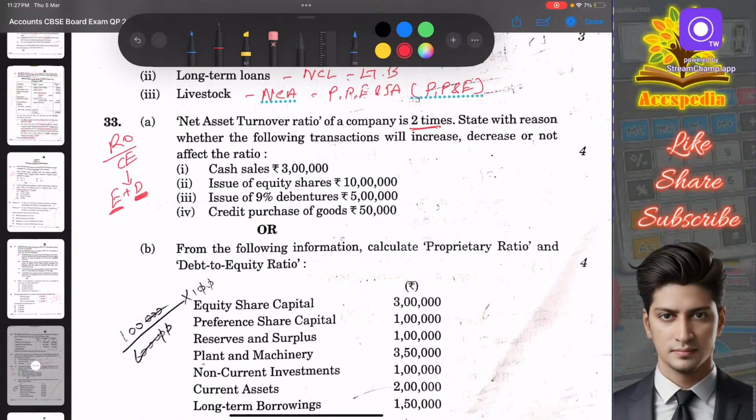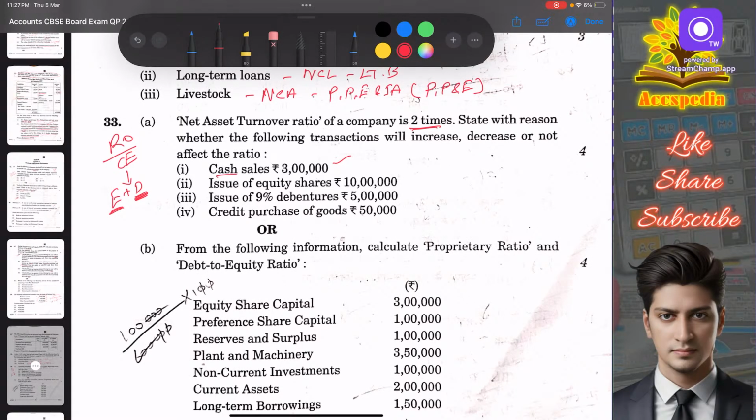For this we have a shortcut. That shortcut I will teach in a separate video. As of now I will teach the shortcut only for the transactions available here. Okay, cash sales. When you make cash sales, revenue will increase and the cash will increase.